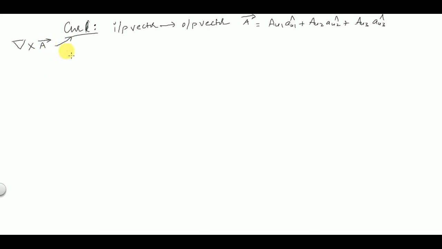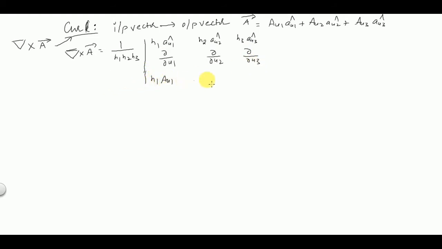So its generalized formula is given by del cross A bar is equal to 1 by h1 h2 h3 into the determinant with rows h1 a_u1 cap, h2 a_u2 cap, h3 a_u3 cap; dou by dou u1, dou by dou u2, dou by dou u3; and h1 A_u1, h2 A_u2, h3 A_u3.